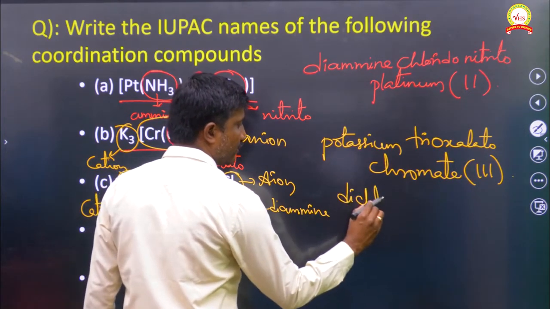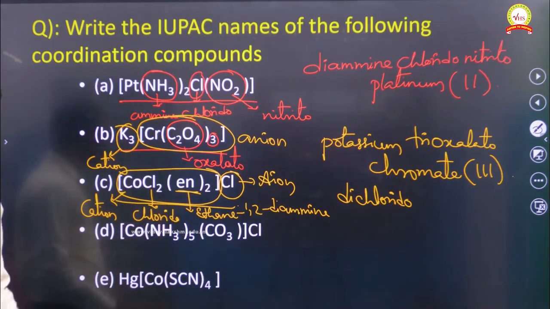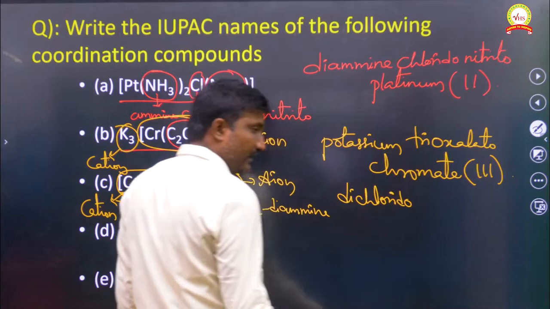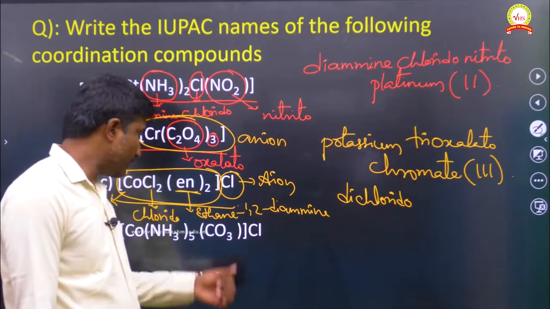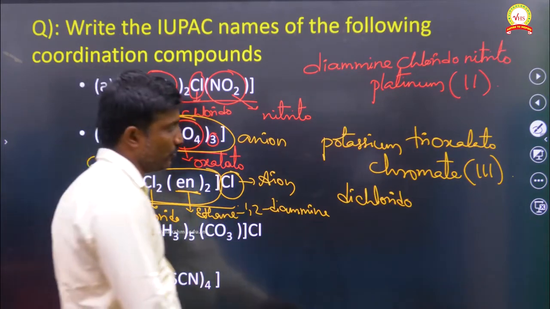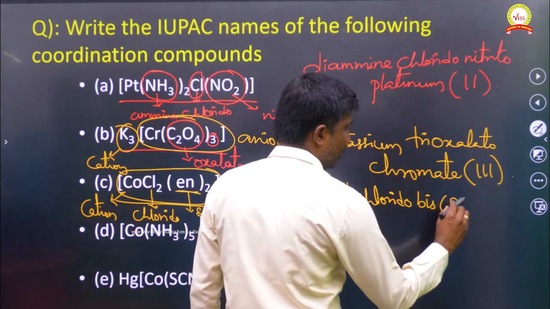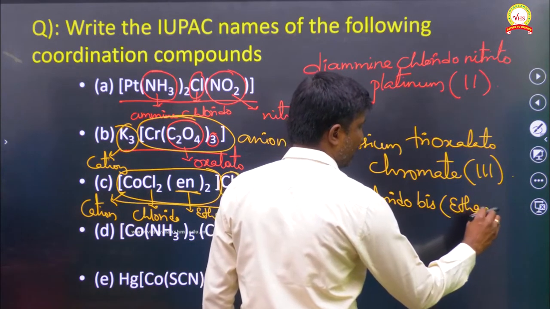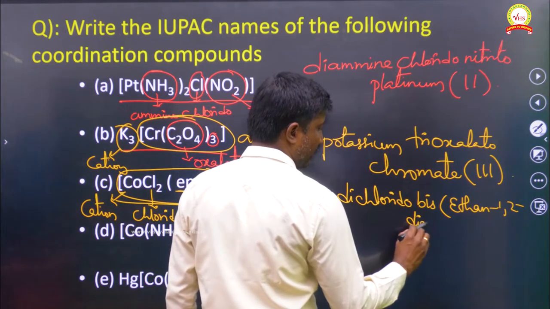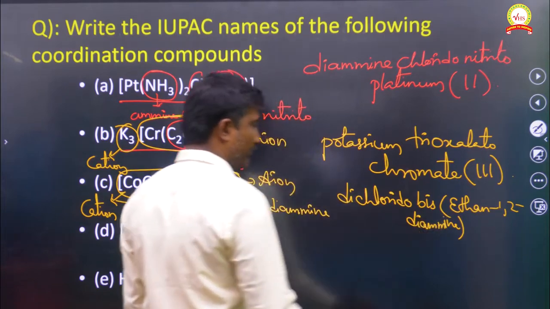And here two times ethane-1,2-diamine is there, so we can write it, or because it is a chelate ligand, we can write bis ethane-1,2-diamine.